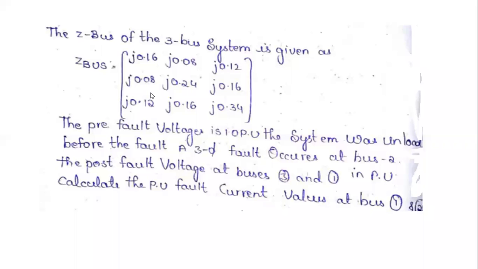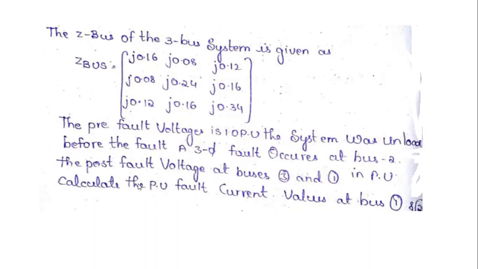This is the Z bus matrix. By using that matrix, first of all, we draw the single line diagram and the reactance diagrams. After that, we calculate the per unit fault currents. We have three buses, bus 1, bus 2, and bus 3. At each and every bus we have the pre-fault and the post-fault quantities that will be obtained in between the buses.